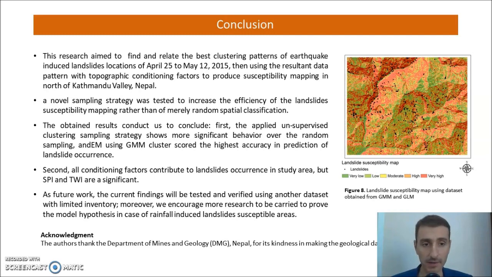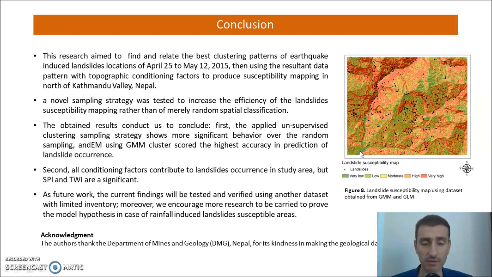Here on the right side you can see the susceptibility map, within the red, dark red is the most susceptible, which is, you can see here, most of the valley areas. They're all susceptible because of the landslides. At the same time, we predicted some areas that don't have an inventory over there.